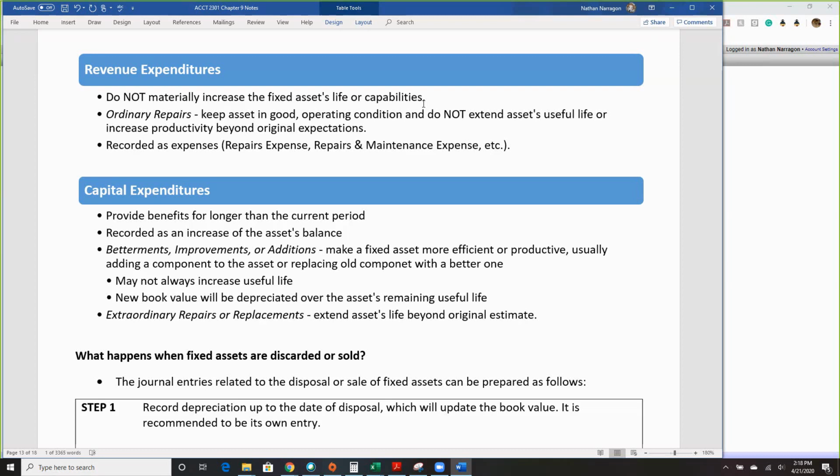Well, when we look at a regular expense, this would mean the repair did not materially increase the fixed asset's life or capabilities. So basically it's just there to make sure that it's in good operating condition. Okay?